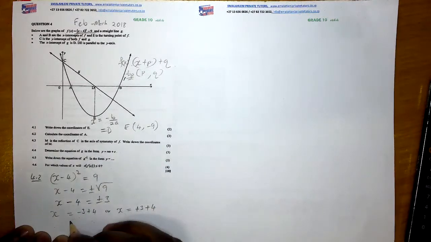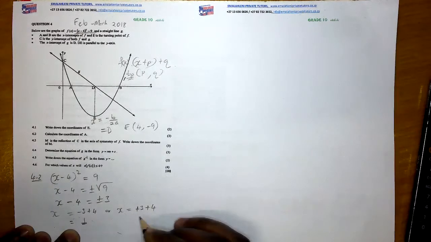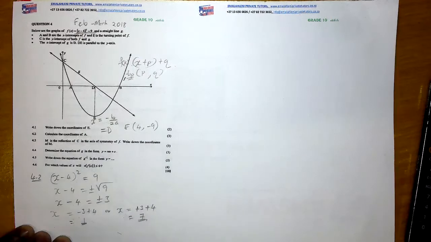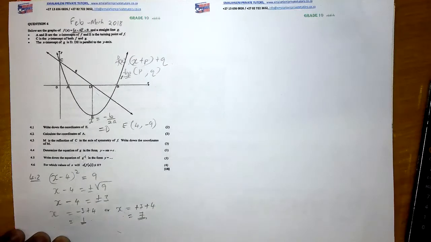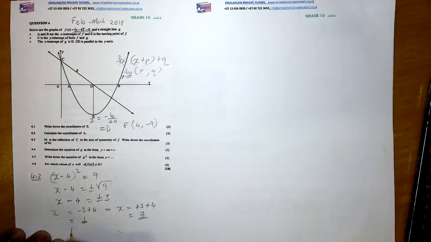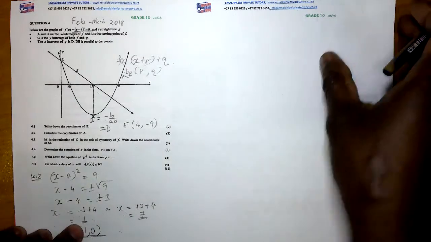Then here we're going to get 1, and here we're going to get 7. So this is 7, this is 1. So the coordinates of A, in this case, you can see that you take the smaller one. So A is going to be equal to (1, 0). That's our answer there. Now let's move on to the next one.